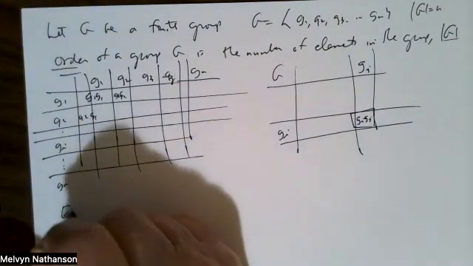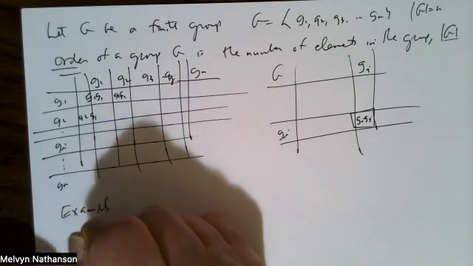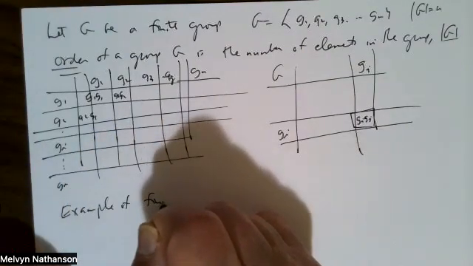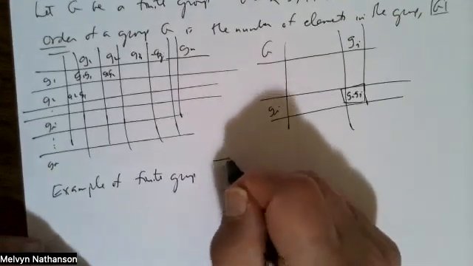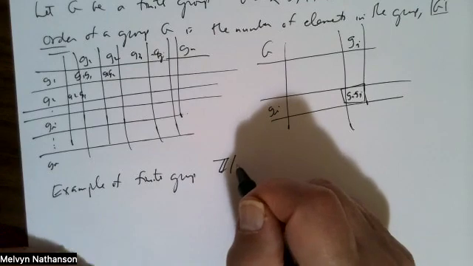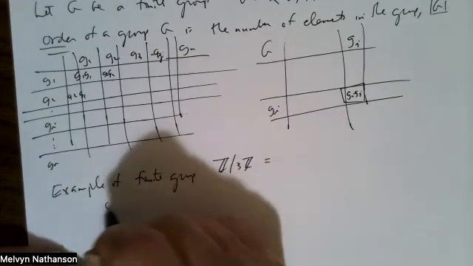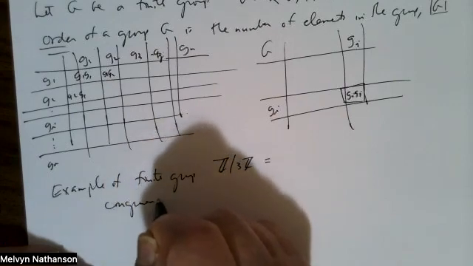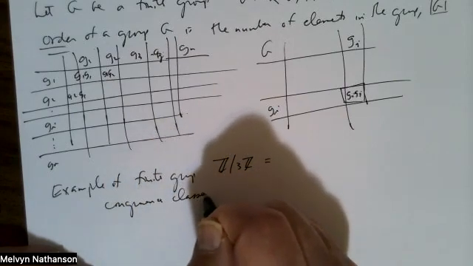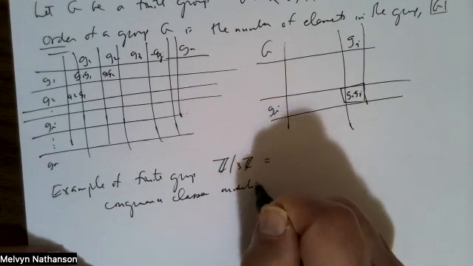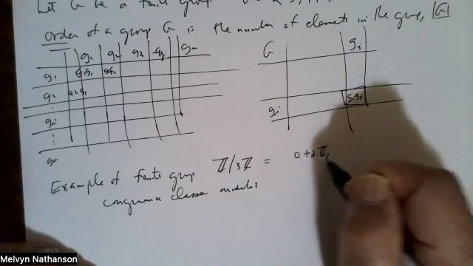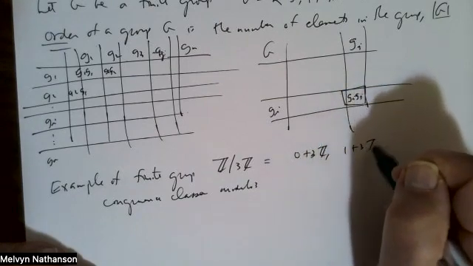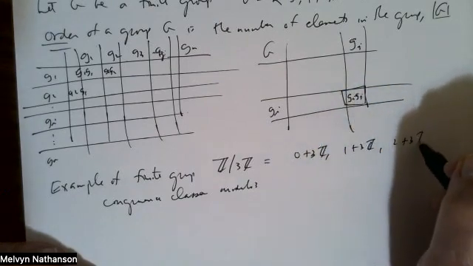What's an example of a finite group? We can look at the congruence classes mod 3. We already studied congruence classes. Congruence classes modulo 3: you have the class 0 plus 3Z, 1 plus 3Z, 2 plus 3Z.